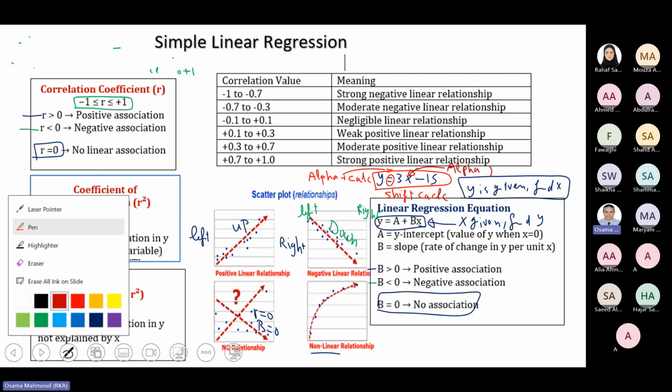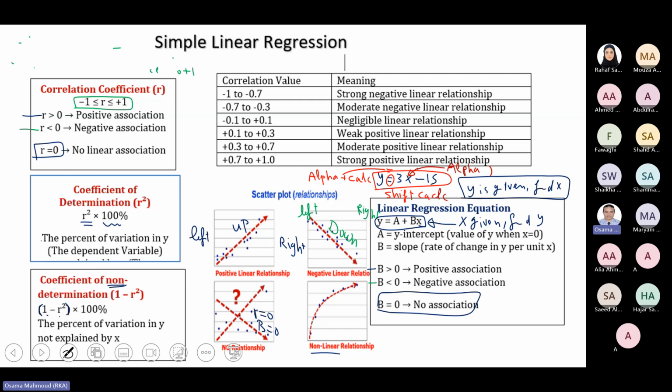It asks you, and you see here, solve for x, and it gives you the value of x, right? This is how to solve the linear regression equation if you are given y and asked to find x. But if you are given x, it is easy. You substitute the value of x, you will get y.